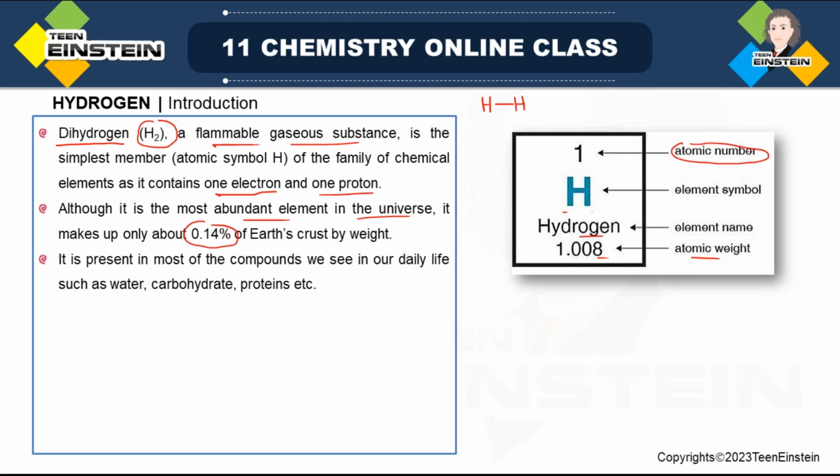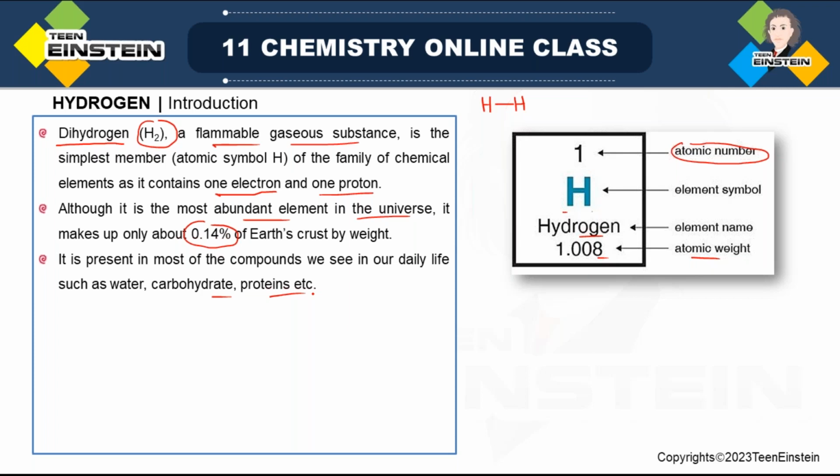Fine. It is present in most of the compounds that we see in our daily life, such as water, carbohydrate, and protein. Carbohydrate and protein are basically organic molecules. Whenever we consider organic chemistry, we know it is all about carbon, and after carbon, the next element that we consider mostly in organic chemistry is hydrogen. So carbon and hydrogen are the most common in organic chemistry.